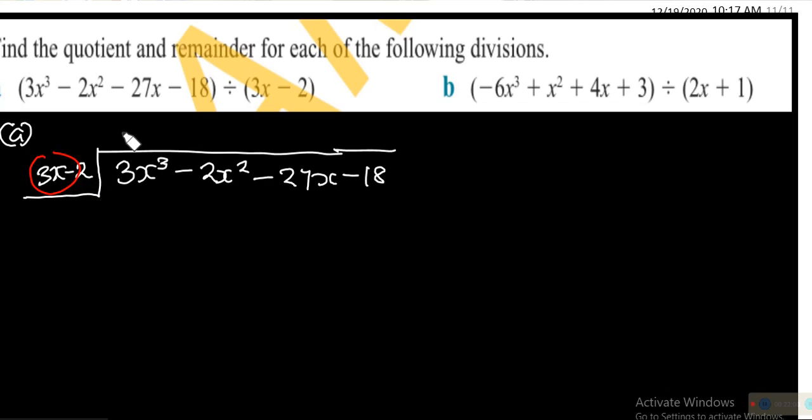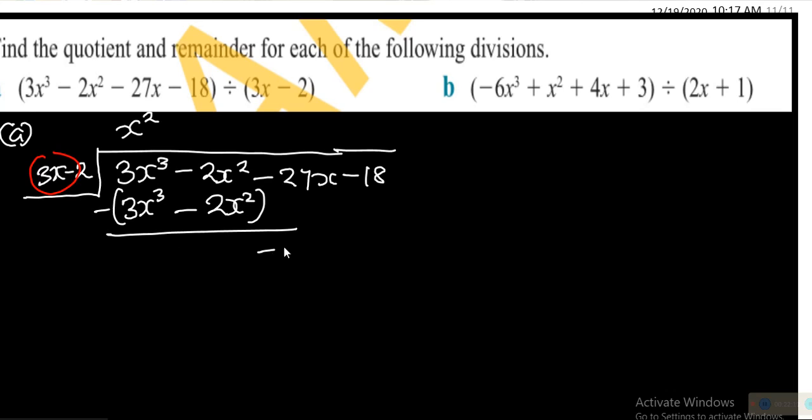So 3x into 3x cubed, we have x squared. If you multiply, we have 3x cubed minus 2 times x squared, we have minus 2x squared. And then if we subtract this, we can bring down minus 27x. 3x into minus 27, we have minus 9. Multiply, we have minus 27x plus 18.